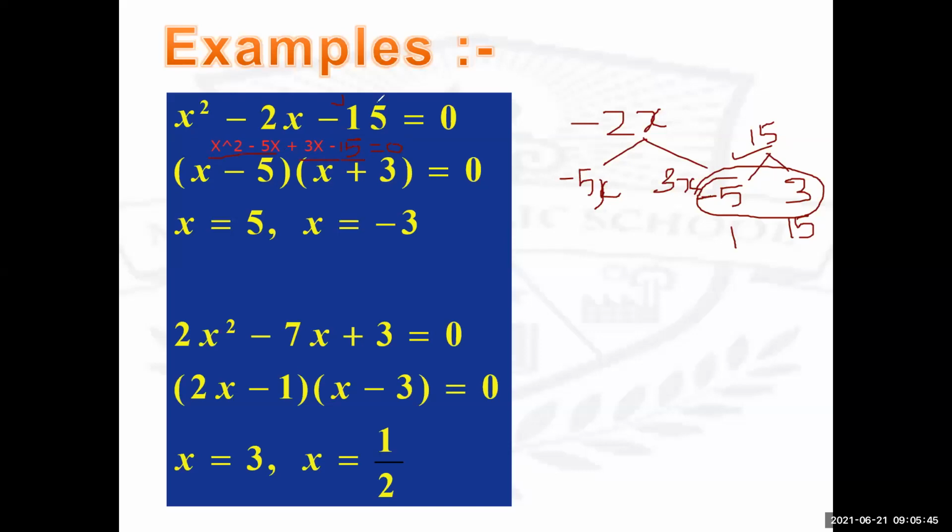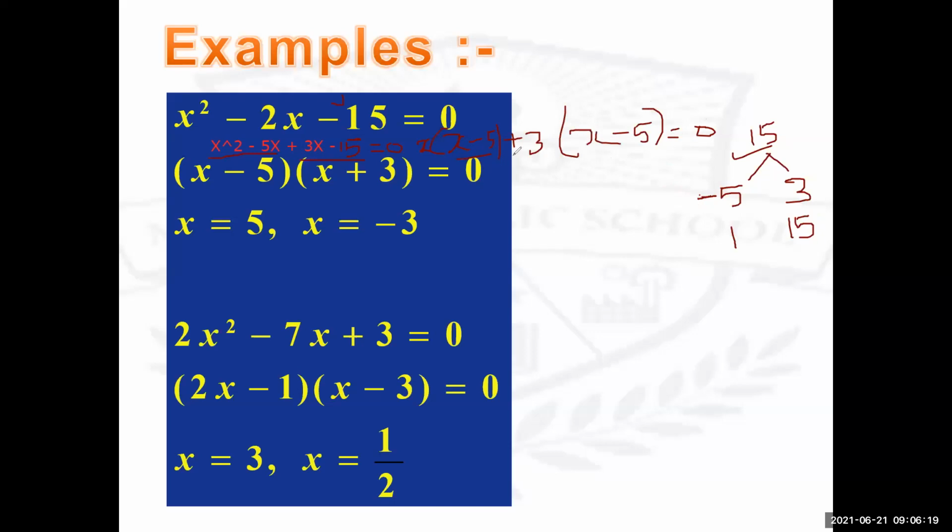Understood? So when you remove x common from the first two terms, you get x into bracket x minus 5, and here you'll get plus 3 common, x minus 5, equal to 0.